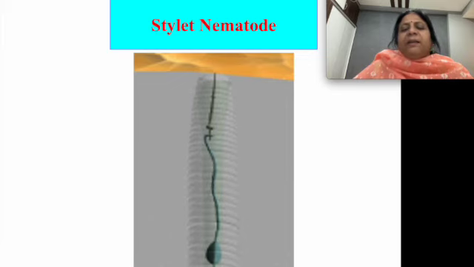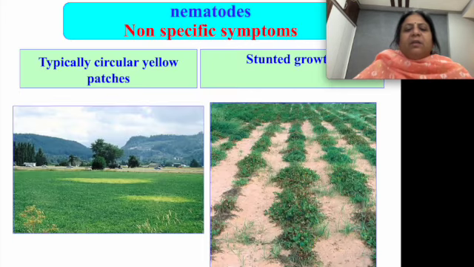Most of these plant parasitic nematodes have a stylet. When observed under the microscope, the stylet action can be seen. The non-specific symptoms of the nematodes are typically circular yellow patches, stunted growth. These yellow patches we will see in the rice, the paddy, because of brown plant hopper also.